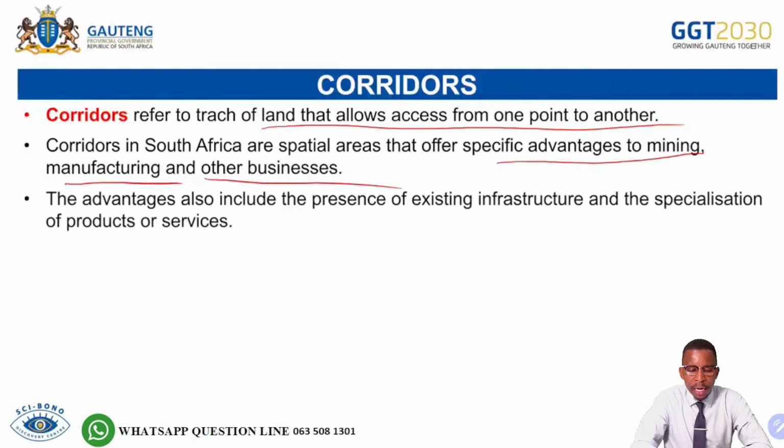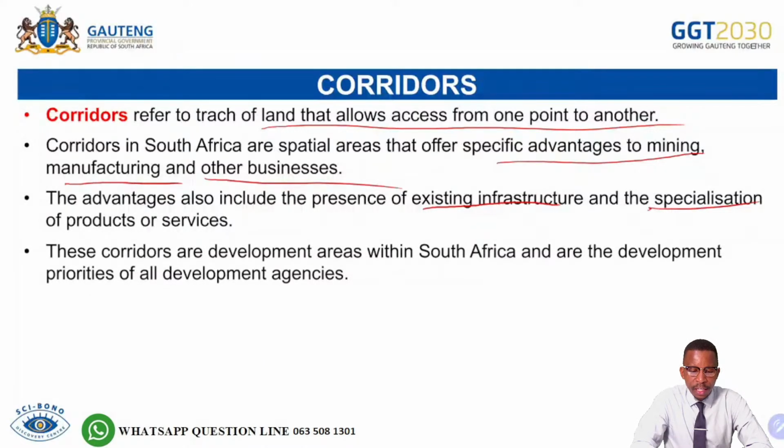The advantages also include the presence of existing infrastructure and the specialization of products or services. These corridors are development areas within South Africa and are the development priorities of all development agencies.